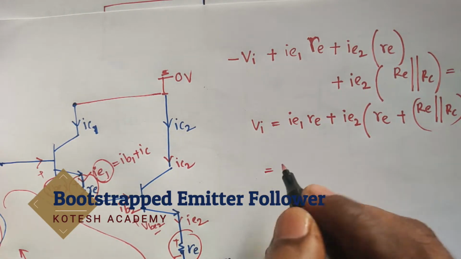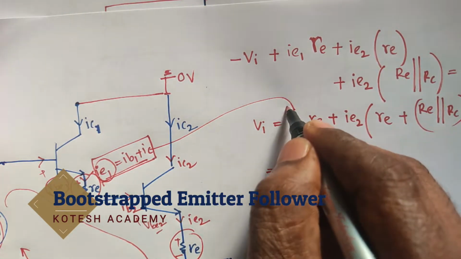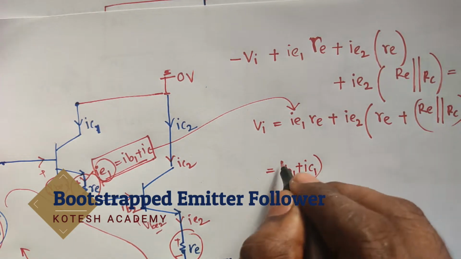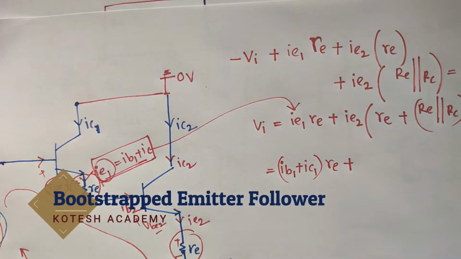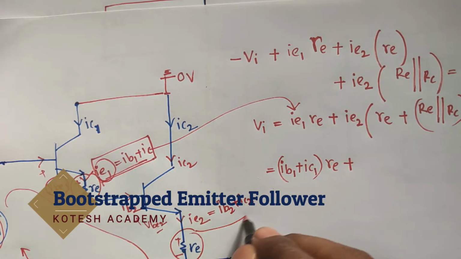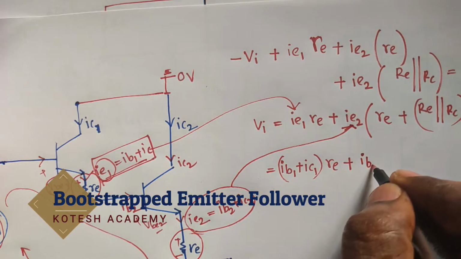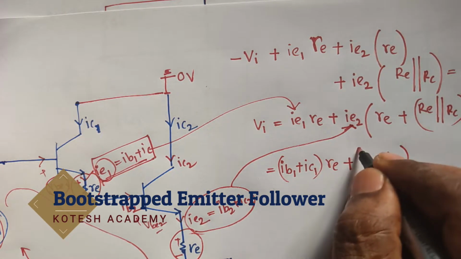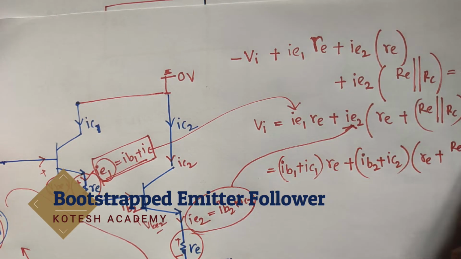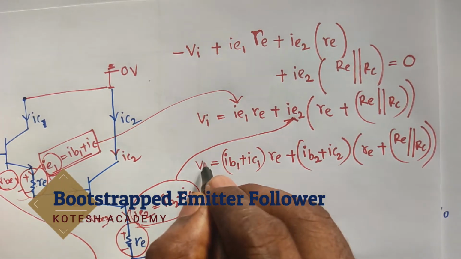So input impedance formula is, IE1 is substituting in this expression, that value is IB1 plus IC1 into RE plus, IE2 is equal to IB2 plus IC2. This value is once again substituted in this. So then finally IB2 plus IC2 into RE plus RE is parallel with RC. So this is actual total VI.